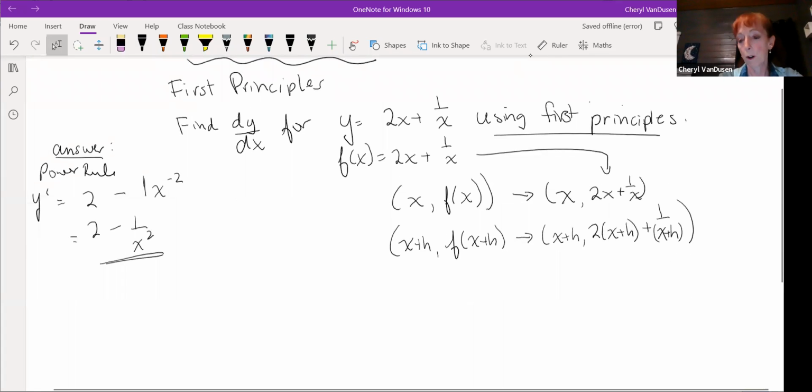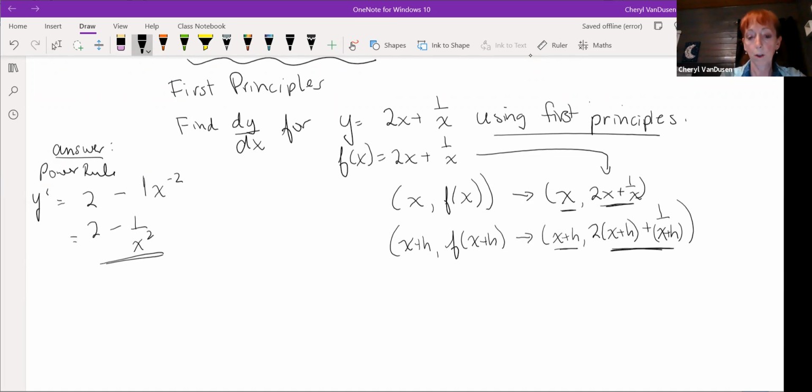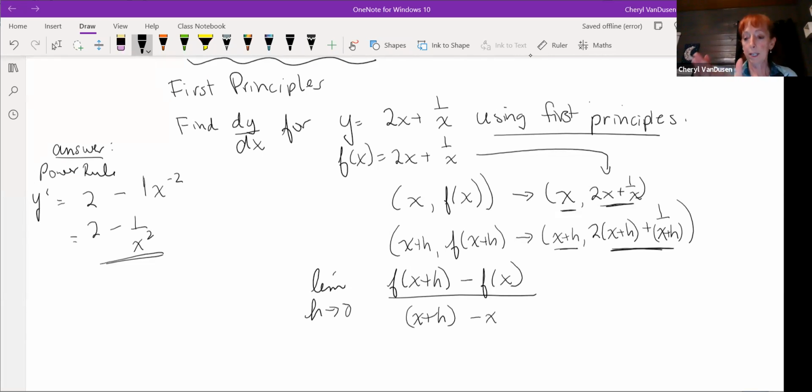Okay, so basically we've got our x1, our y1, our x2, and our y2. So we set up to roll. We're going to find the limit as h goes to 0 of f of x plus h, take away f at x, over x plus h minus x. So have a look at that. That's the second coordinate.